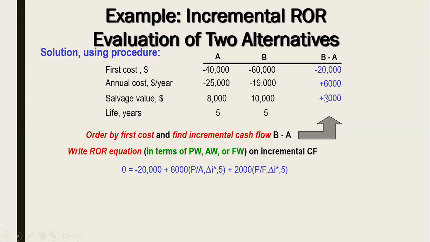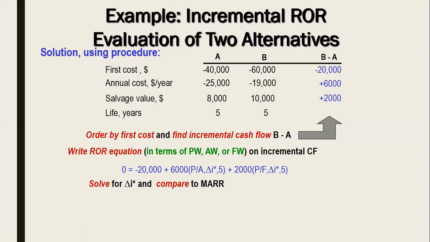Then 2,000 is coming at the end of the 5th year and we need to convert it to present time. So we'll use the P over F factor for the unknown rate of interest and the number of years is 5. Now solve for the incremental rate of interest and compare to MARR.